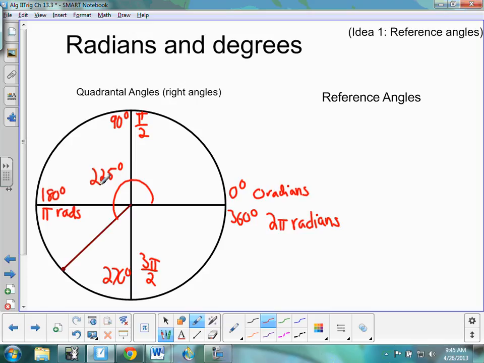What would its reference angle be in the first quadrant? 45. Because from the 180, we go 45 further. So it's basically like having a 45 degree angle. Okay, so a reference angle takes whatever you have and puts it with its corresponding angle in the first quadrant.